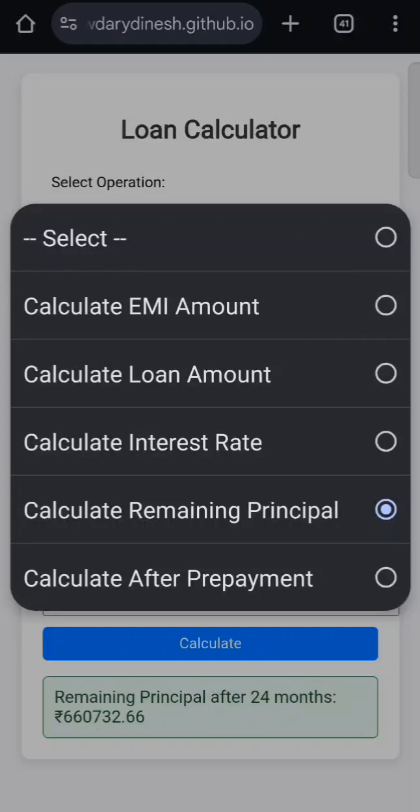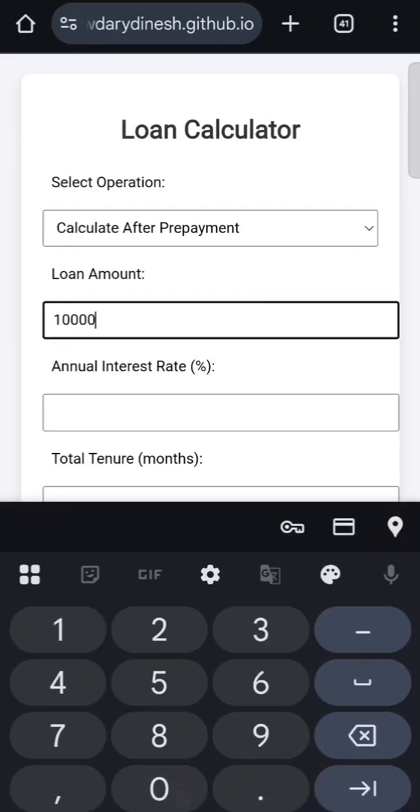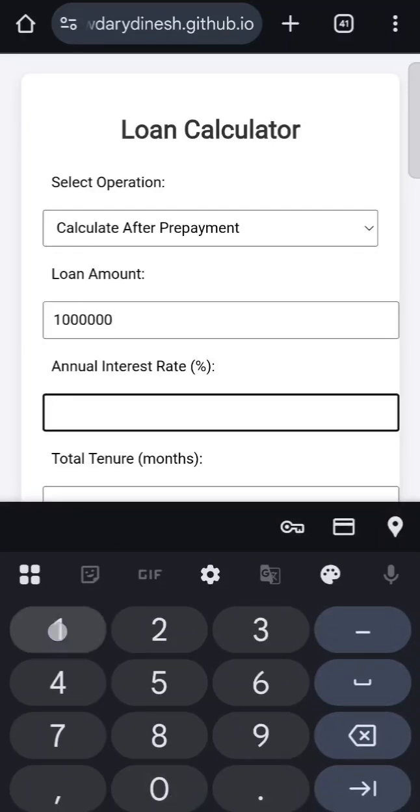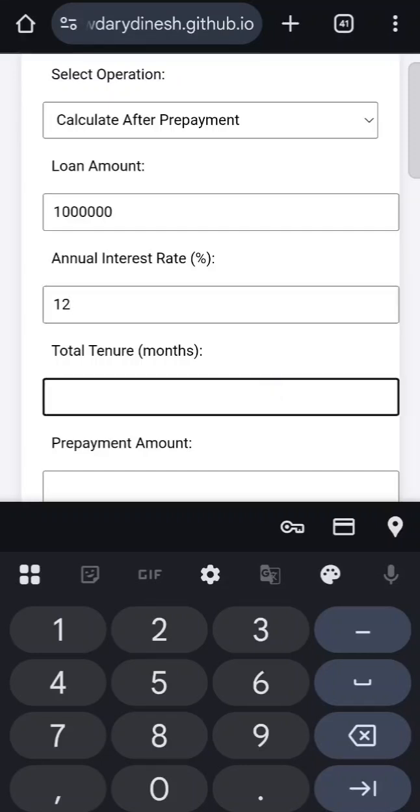Now let's go with the next functionality of the calculator, which is calculate after prepayment. This is a case where, let's say, you have taken a loan amount of 10 lakhs, and you are paying it at an annual rate of 12%. The total tenure is 5 years, so it's 60 months.